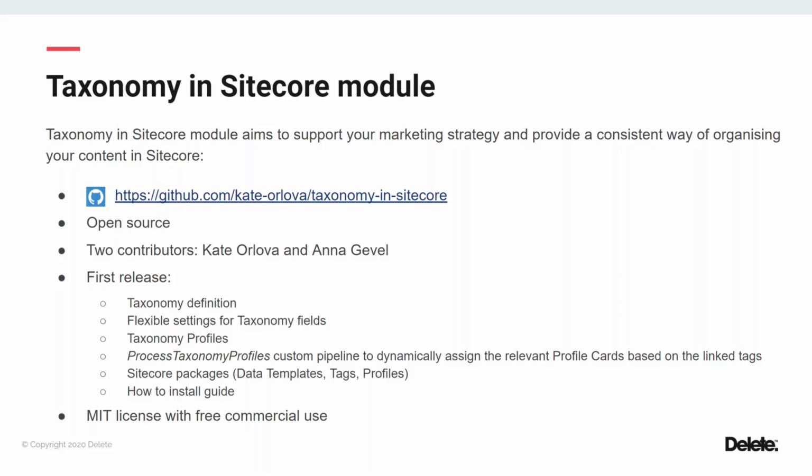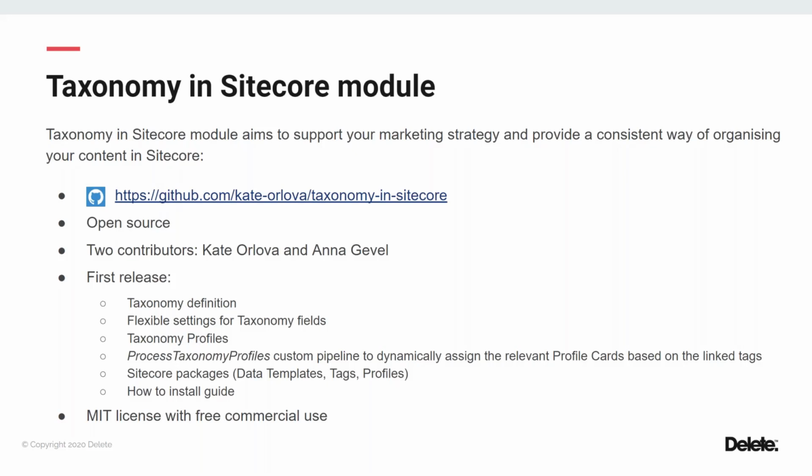And the first release consisted of taxonomy definition, flexible settings for taxonomy fields, taxonomy profiles, and our custom pipeline to dynamically assign the relevant profile cards on the fly based on the link tags. So technically, you just need to define profile cards at the tags level, and then all your content items will inherit this definition via tags.